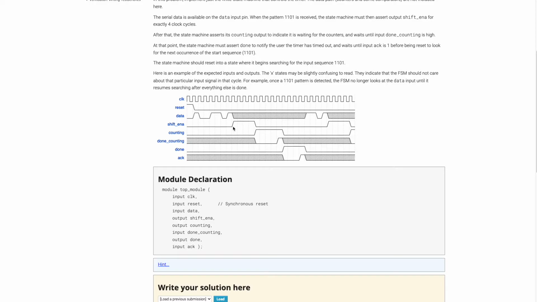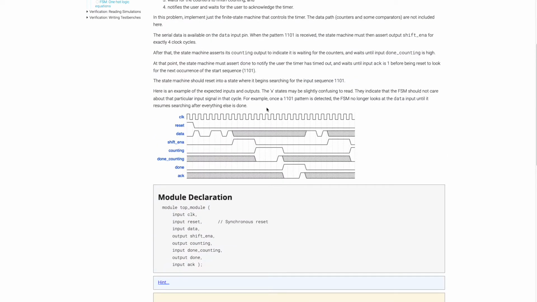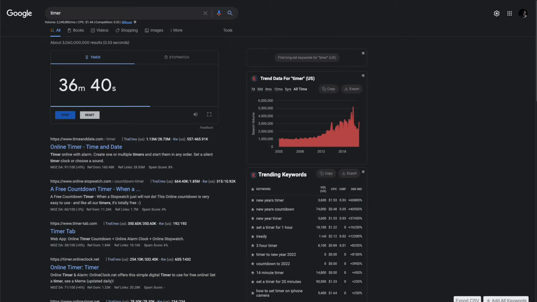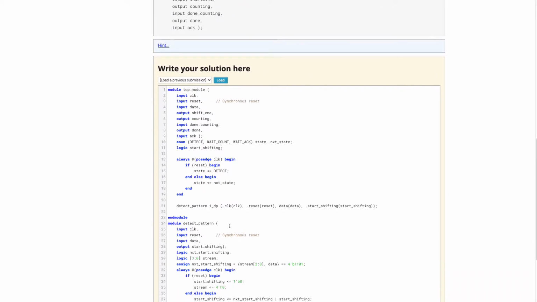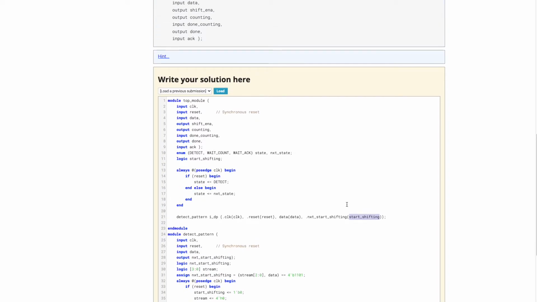I feel like I need to insert it here and then I get the 4 cycles. So yeah, I want to do it like this.